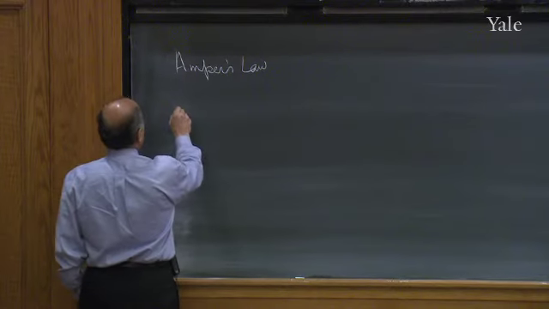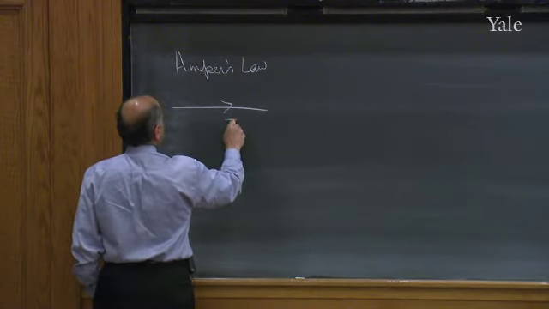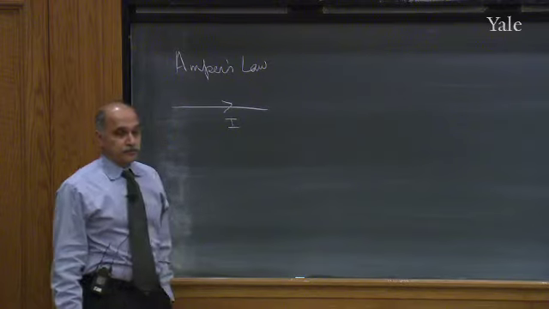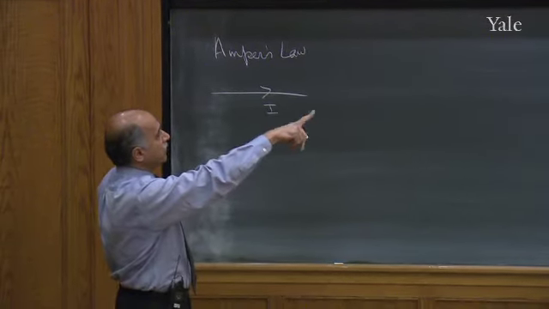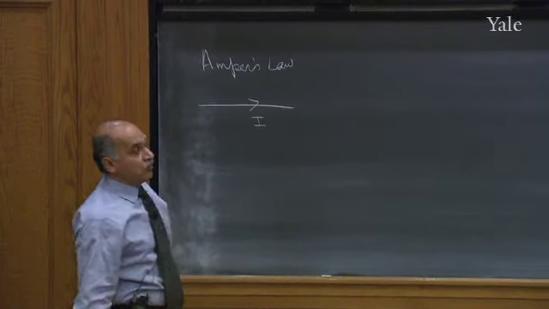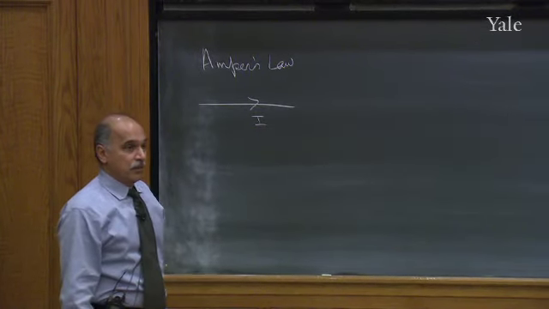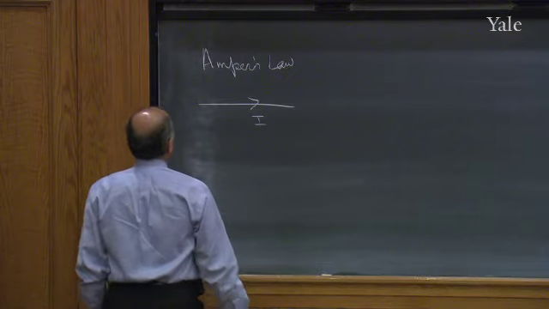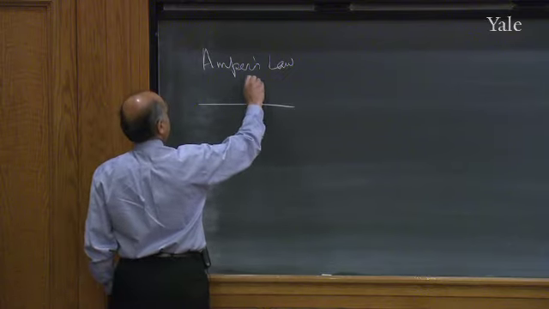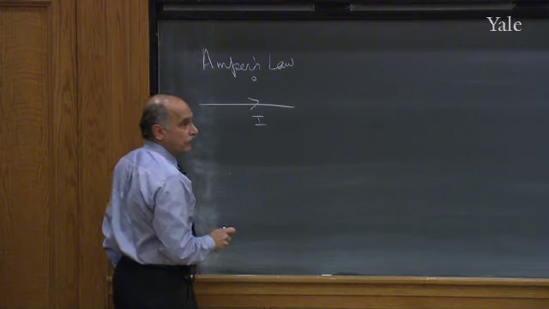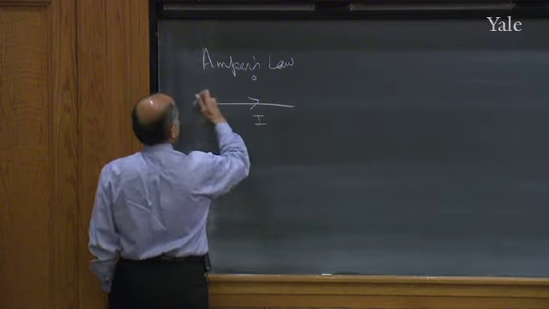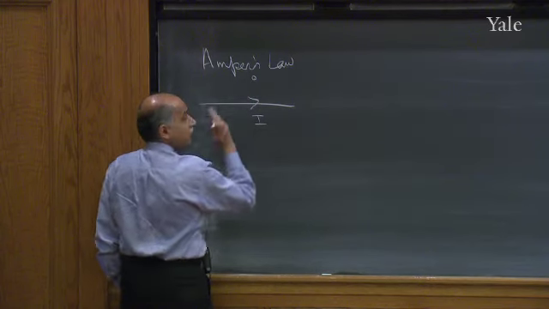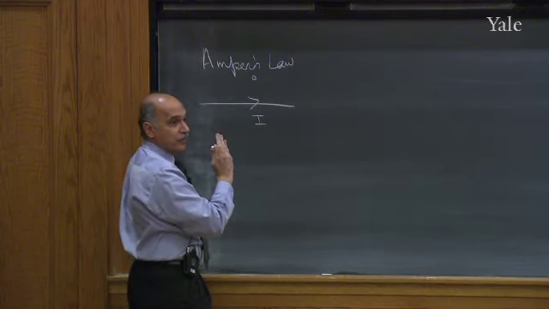Suppose someone gives you an infinite wire and says find the field around it. Now you can do that nasty integral, which I did on the top right corner, but now you don't have to do it. Because you will argue by symmetry that the field here cannot be pointing to the left or pointing to the right, it should lie in the plane, because there's no reason to bias one way or the other.